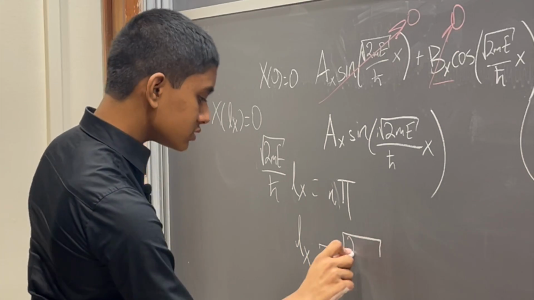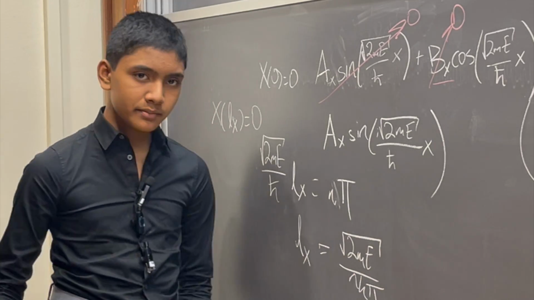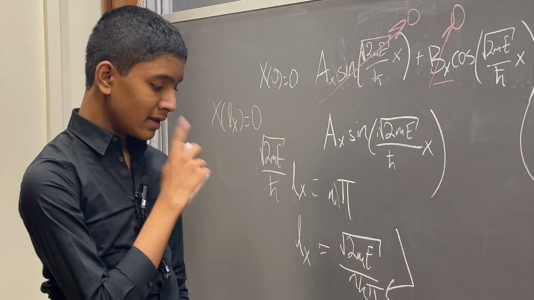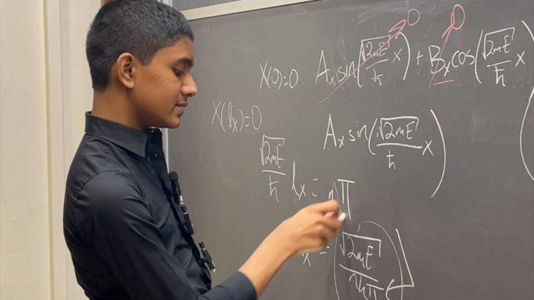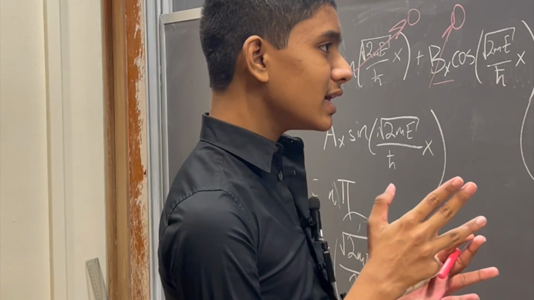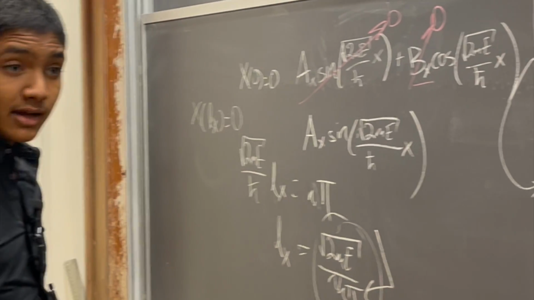And of course, that's also going to set a limit on how big Ly can be and how big Lz can be. They're discretized this way. n has to be an integer in this expression. So that tells us these solids can only be of specific sizes. That's very interesting.